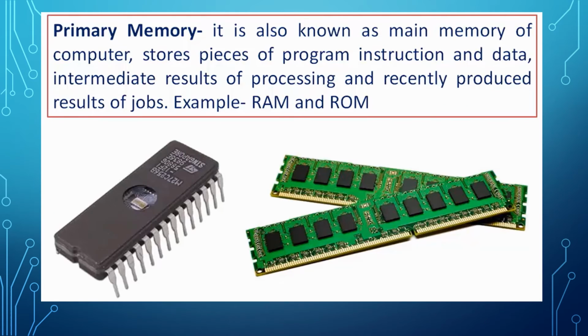Primary memory is also known as main memory of the computer. It stores pieces of program instructions and data, intermediate results of processing, and recently produced results of jobs. Examples are RAM or random access memory and ROM, read-only memory.